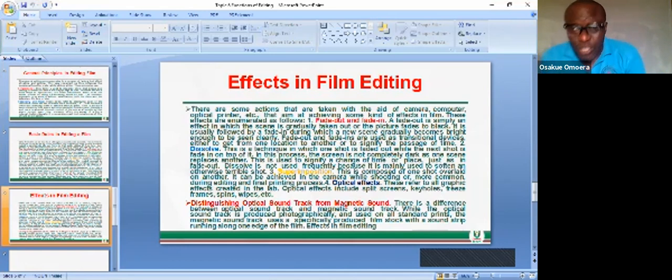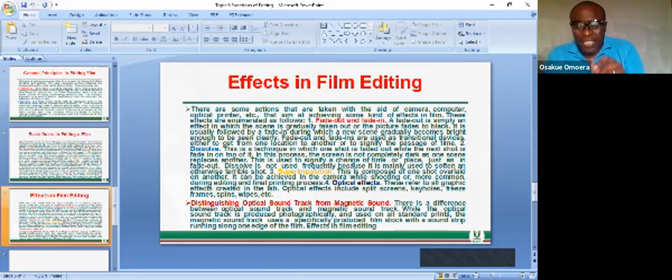Now, the second effect could be dissolve. This is a technique in which one shot is faded out while the next fades in on top of it. When we were talking about fade out, fade in, we talked about a blackout and a gradual coming on, but this time it is not exactly a blackout.